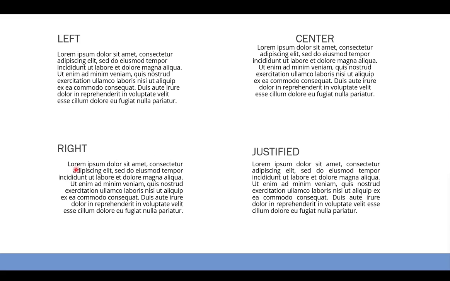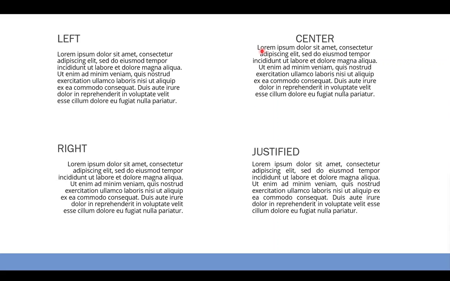Whereas here, my eyes have to figure out where the beginning of the next line is every time I go back. That actually increases cognitive load, because my brain has to do things that are not really relevant to the actual content. And so even though it's kind of subconscious, it can actually make things more difficult.